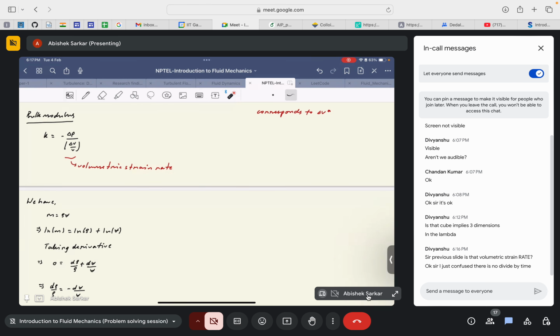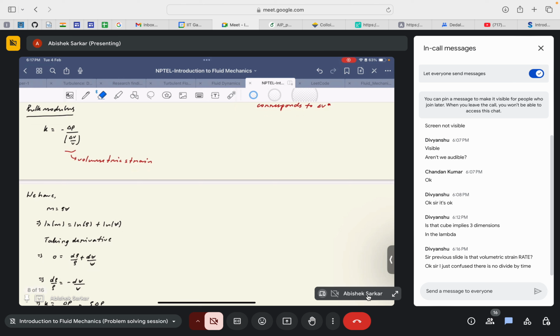Okay, that's a good point to discuss, let me look into it. Okay, I'm sorry, this would be volumetric strain, not strain rate. Yeah, that's a good thing to point out. It will be only volumetric strain. Thanks for pointing it out, and I'm sorry for the confusion.